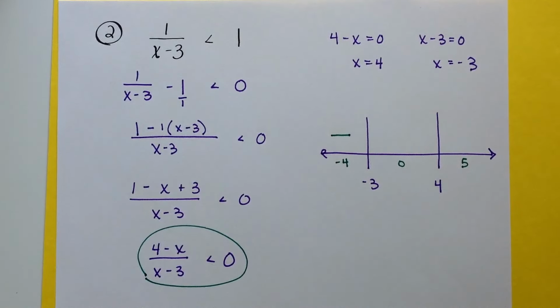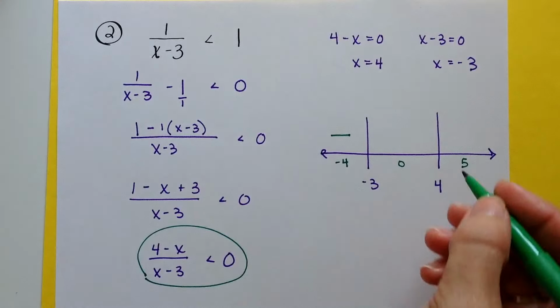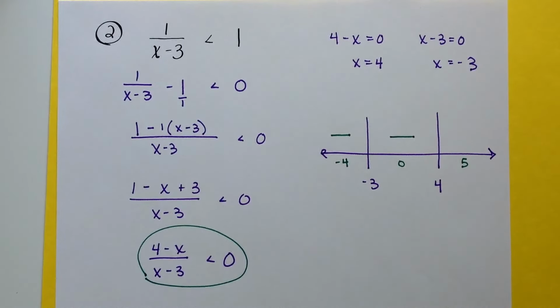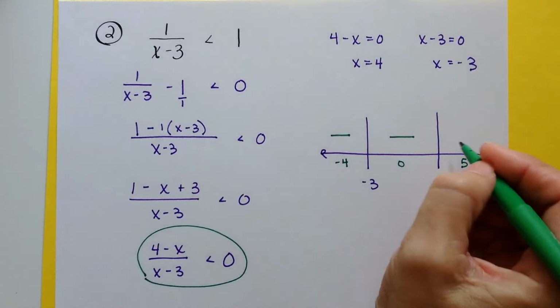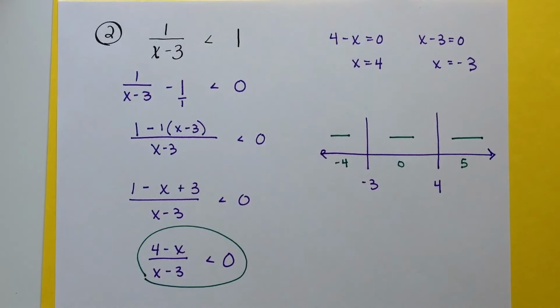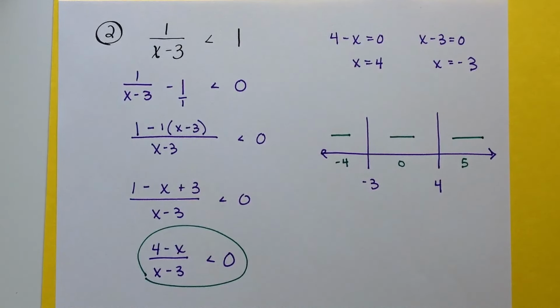Alright, so if we substitute in negative 4, then I will end up with a negative. If I substitute in, let's see, is that right, negative 4? Yes. Then if I substitute in 0, I'm going to get a negative. And then if I substitute in a 5, I'm going to get a negative. Oh, I see where I messed up.